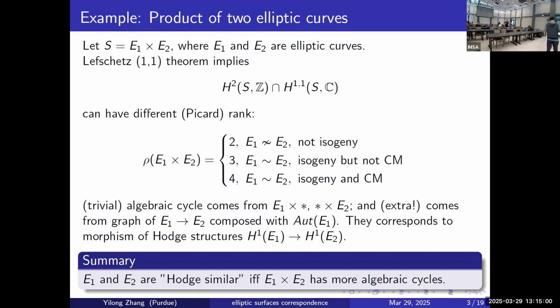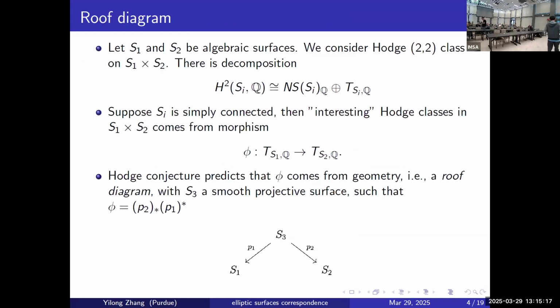What we can summarize is that if E1 and E2 are similar in the sense of Hodge theory, they have extra algebraic curves on the product. So now let's think a little about what happens with two Hodge structures.